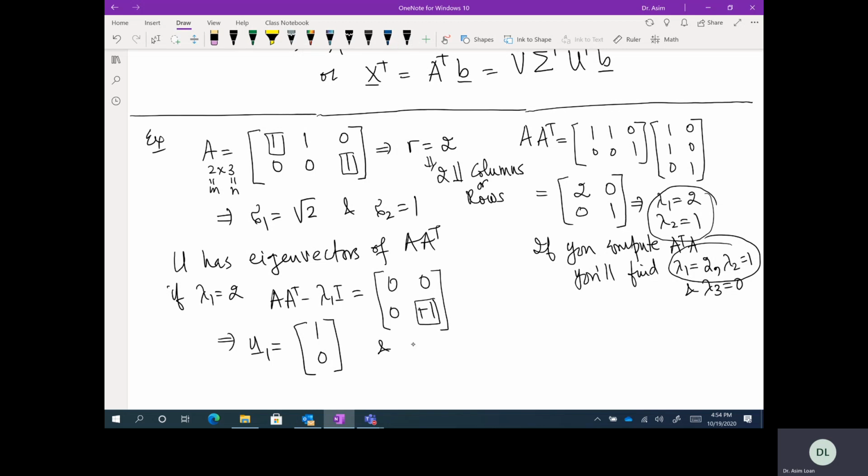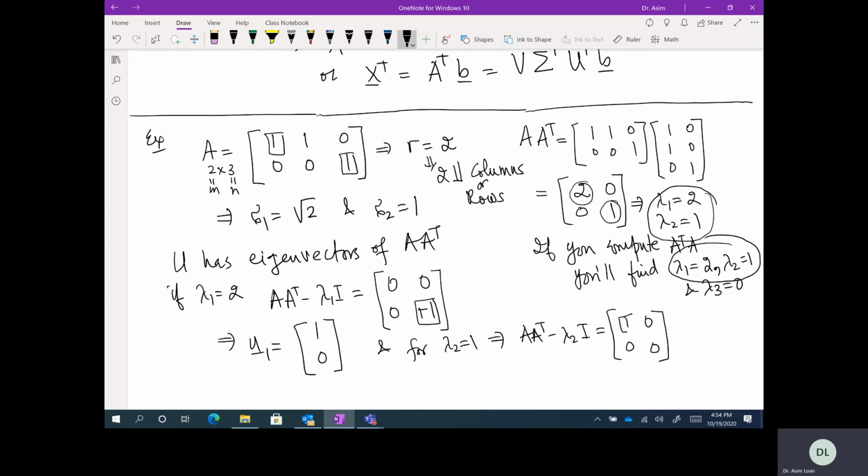And for lambda 2 equal to 1, this implies A transpose minus lambda 2 I equals 1, 0, 0, 1, 0, 0, 0, 0. So these were eigenvalues because they are on the main diagonal.